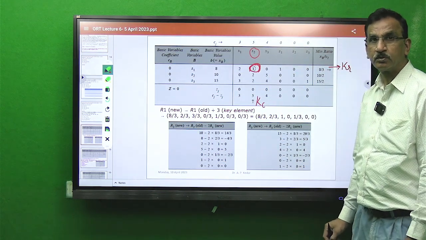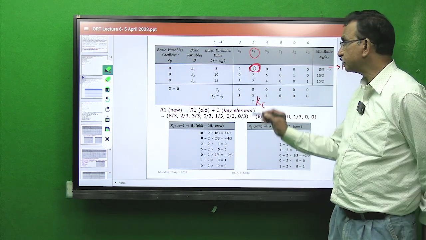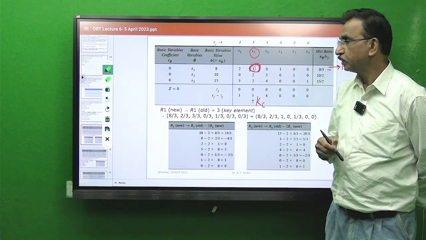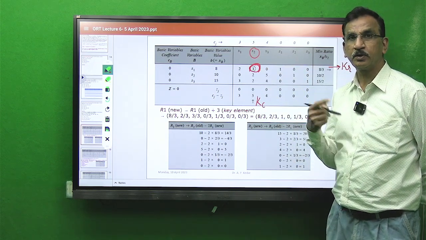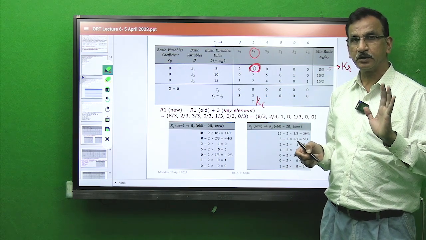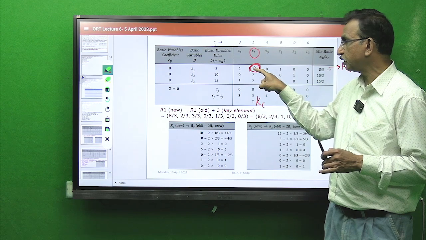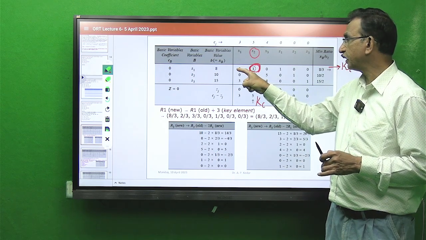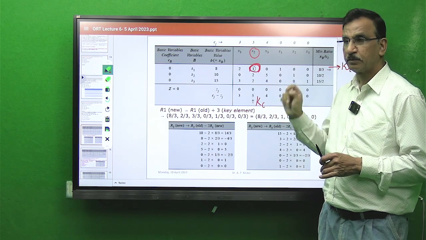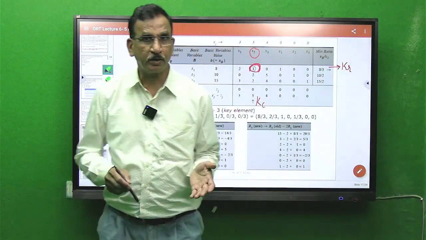What is the step we studied in the last lecture? We have to convert this key element into unity, 1. So the key element is 3. How will I convert the key element to 1? If I divide 3 by 3, 3 by 3 is 1. Now remember, if you are dividing this 3 by 3, you have to divide all values of this row by 3 to avoid disturbance to the other values.